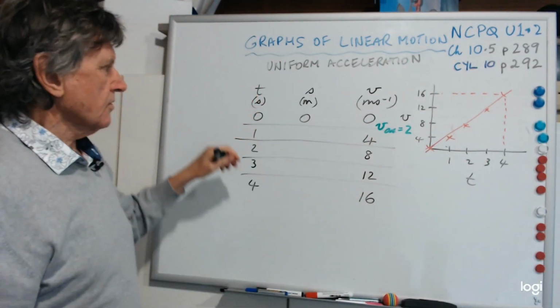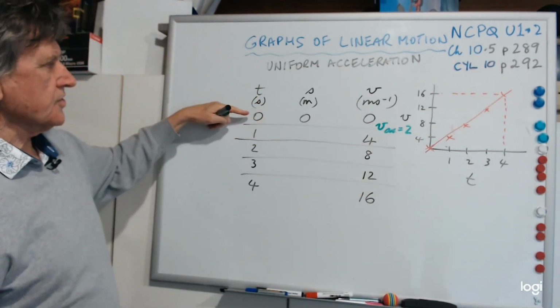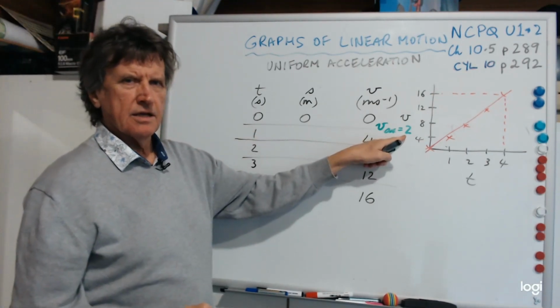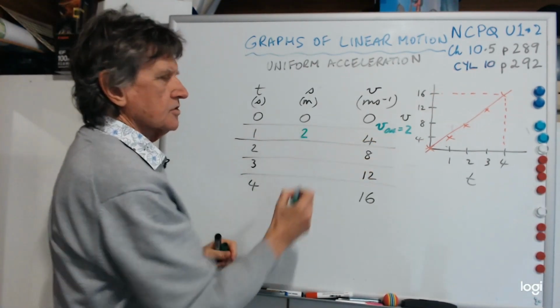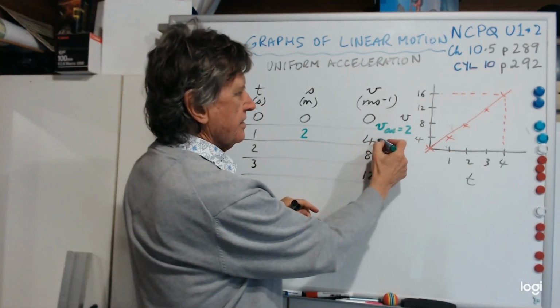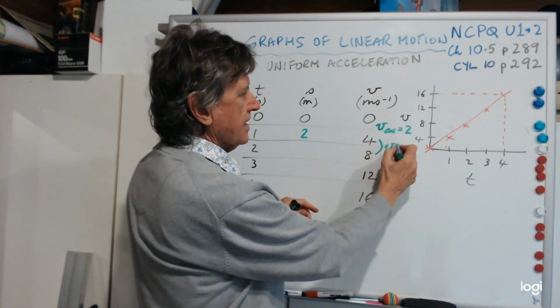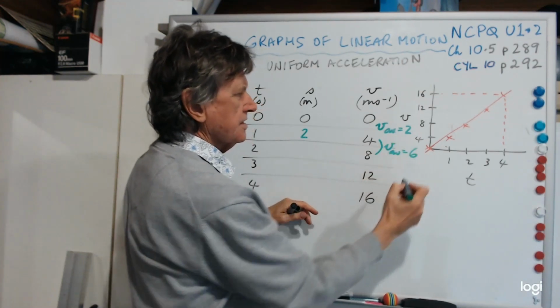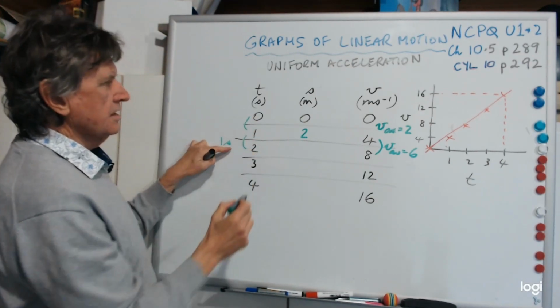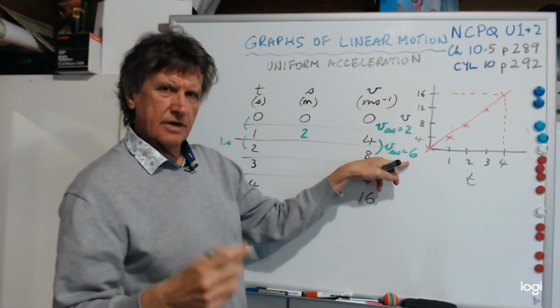Okay, so what the ball has done is it's travelled for 1 second at an average speed of 2 meters per second. So the distance travelled is 2 meters. Think about this, between the 4 and the 8, the average is 6. So the ball has travelled for 1 second at 6 meters per second on average.